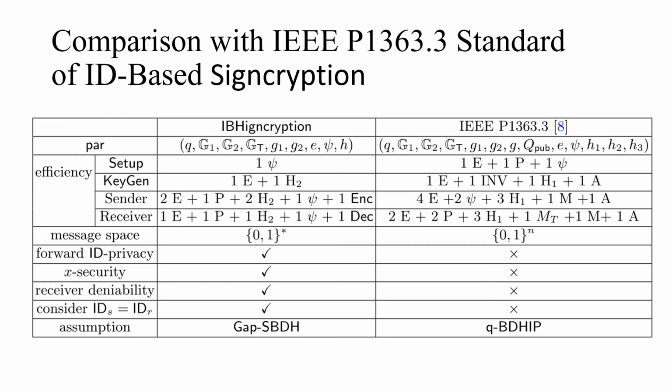In comparison, our IB-HIGH encryption scheme has a much shorter system parameter and has a much more efficient setup stage, as well as much more efficient key generation stage.